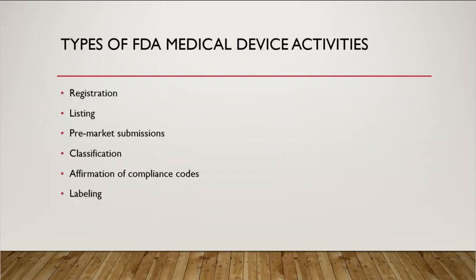When we're thinking about medical devices in the context of the FDA, one of your questions ought to be, well, what involvement does the FDA have with medical devices? And I've listed several of them up here, and again, they're pretty much sequential in their presentation, but they've got to be registered, listed, pre-marketed, classified, determined to be compliant, and then they need labeling.